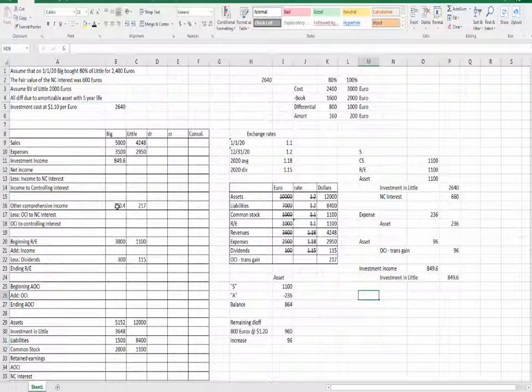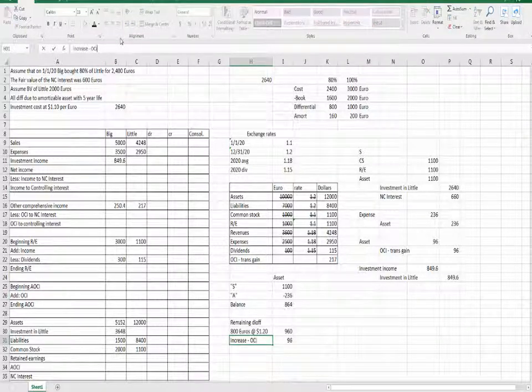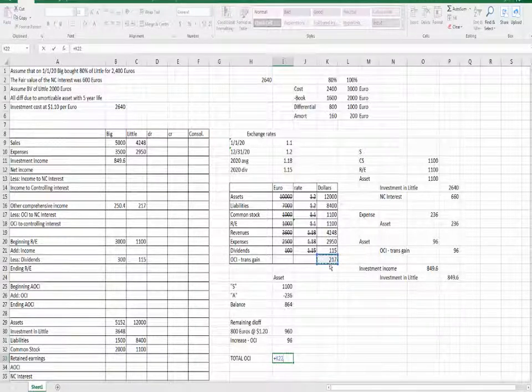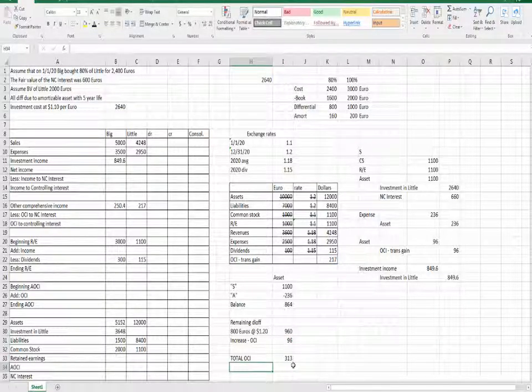We also need to eliminate the other comprehensive income from the subsidiary. Now, just to be safe here, think of the two forms of other comprehensive income that we have here. We've got 217 from the translation of the trial balance, plus we got 96 from the translation of the differential, for a total of 313.